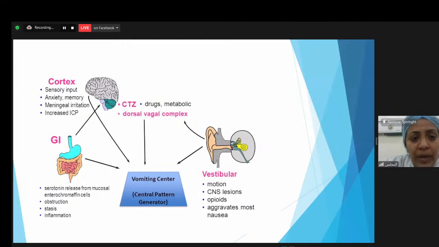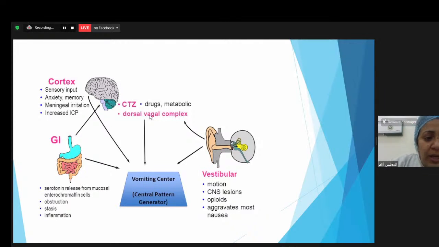The three main parts involved in vomiting are the cortex, the vomiting center, the chemoreceptor trigger zone, and the vestibular nuclei. All these centers are found centrally, and I'm going to speak about each of them in very simple words so you can understand the involvement of these parts in vomiting.